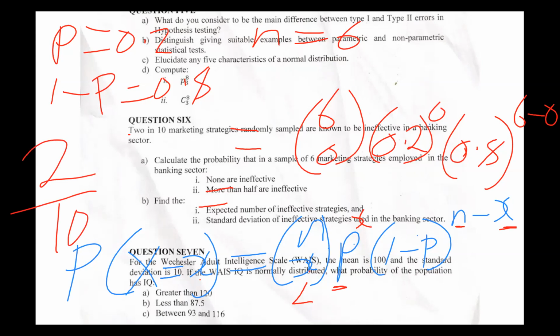That's the probability of success. Your success in this case is to find an ineffective marketing strategy. So each time you select, you have a probability of 0.2 to select an ineffective strategy. Did you get that?